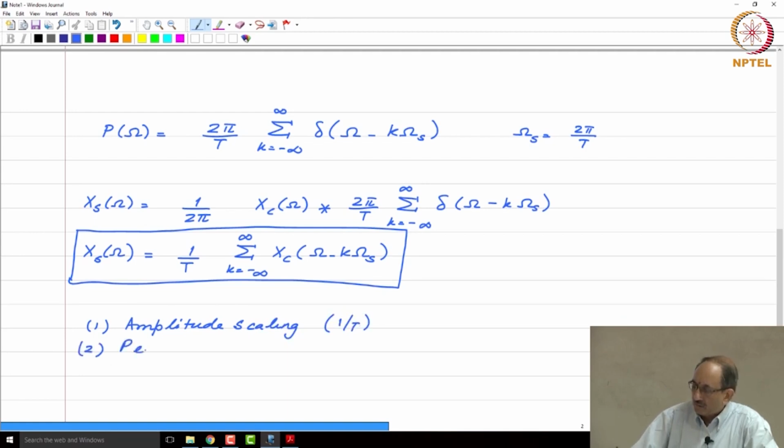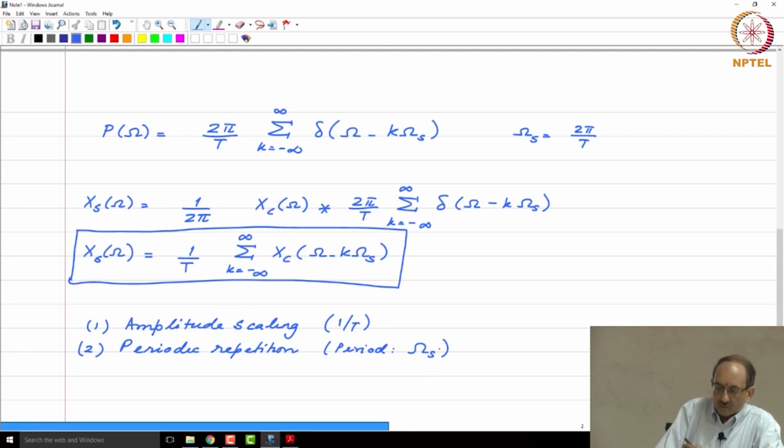The other thing you have is periodic repetition, and the period of course is omega s, where omega s is 2 pi by cap t, and remember this can also be written as 2 pi times fs, because 1 over t after all is fs, and fs has units of hertz.